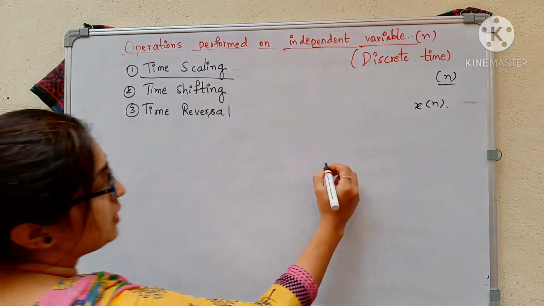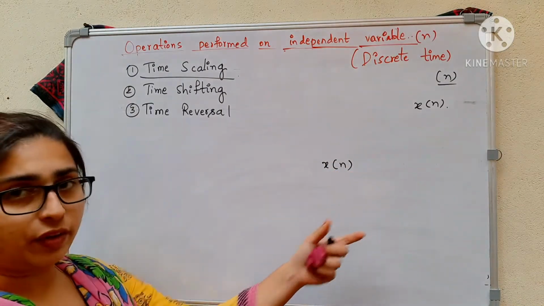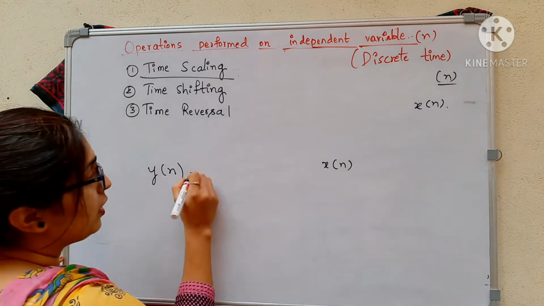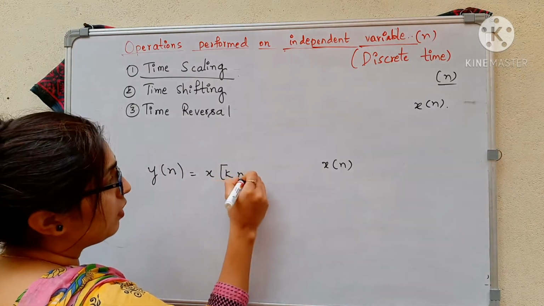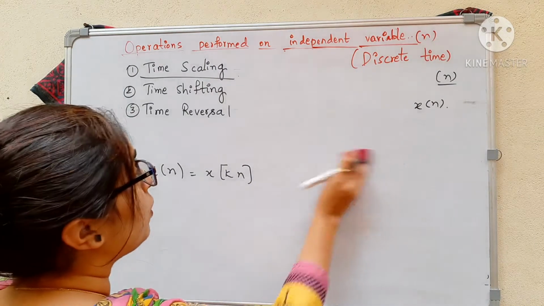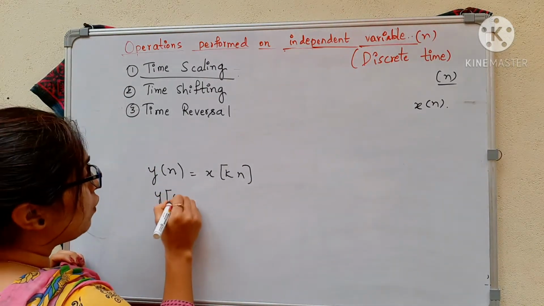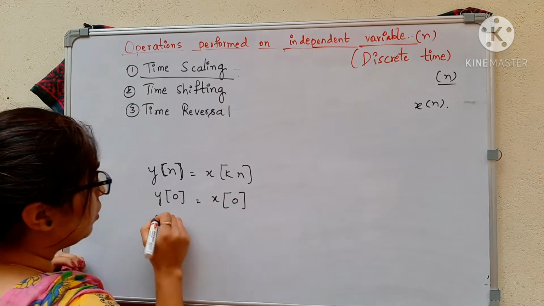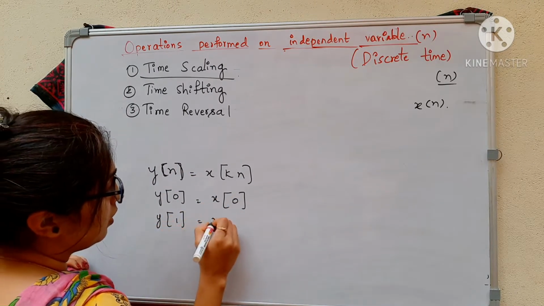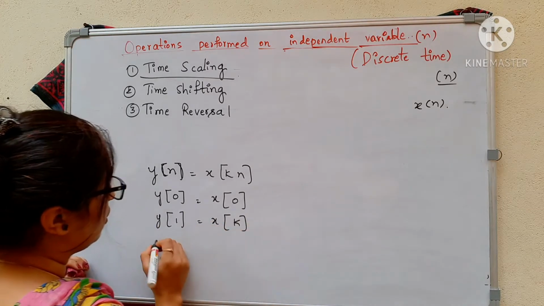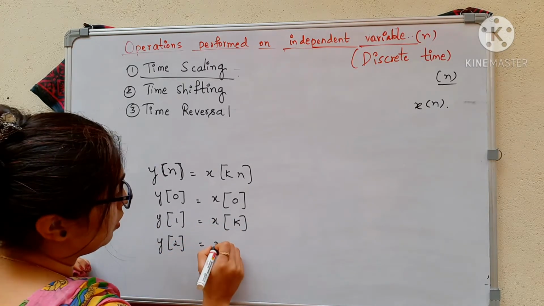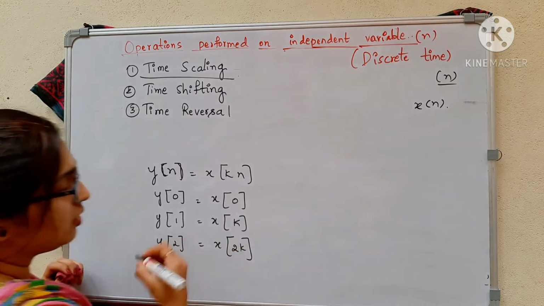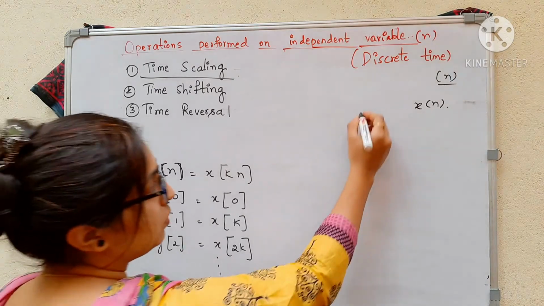So this is our input sequence x of n. If I want the signal y of n, which is equal to x of kn, then at y of 0 we are going to have x of 0, y of 1 is x of k, y of 2 will be x of 2k, and it goes on like this.